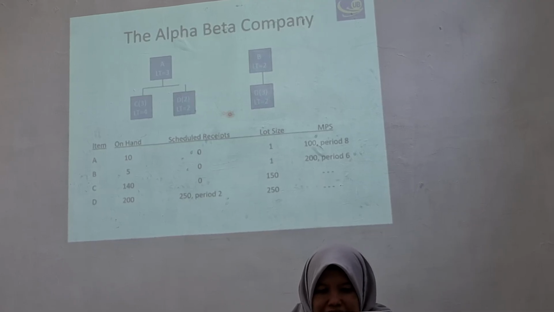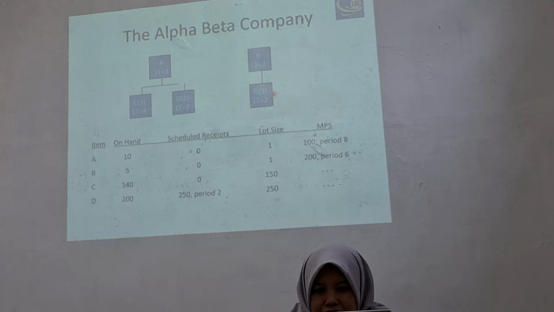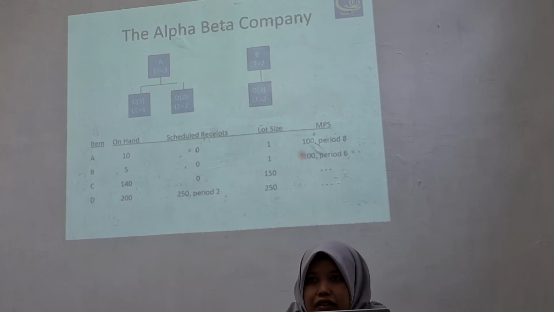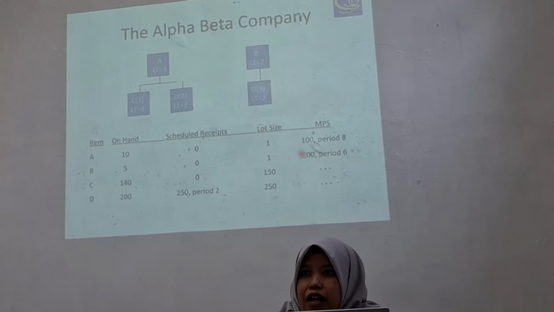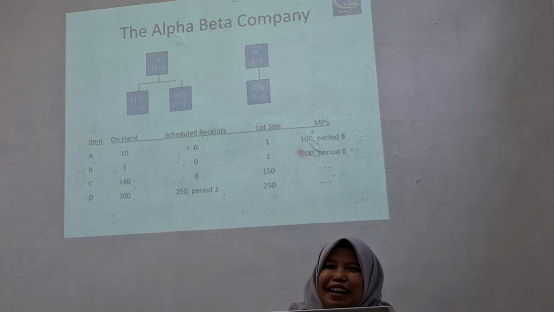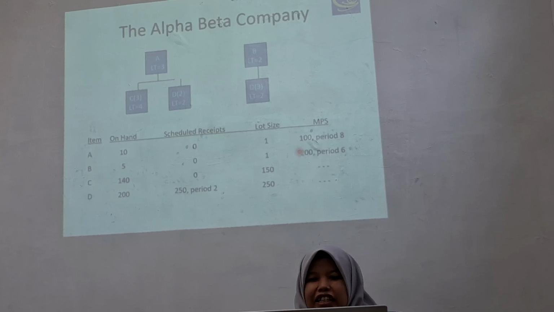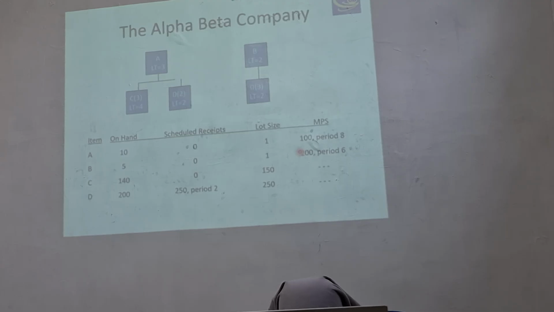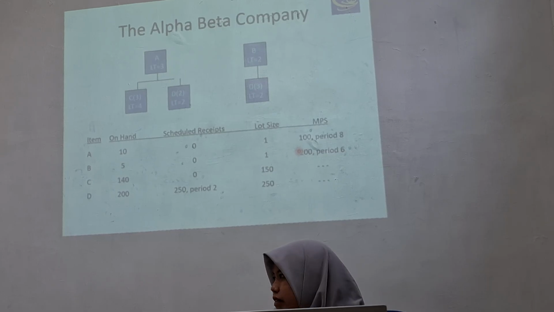How many? 200 plus 600. It is easy, but it needs concentration. In BPIC, I like the MRP. It is easy.